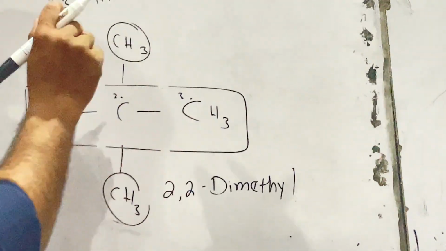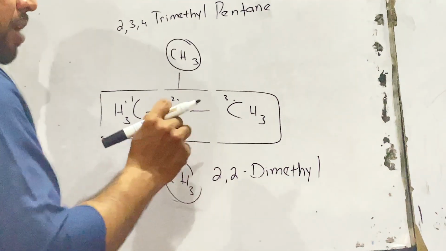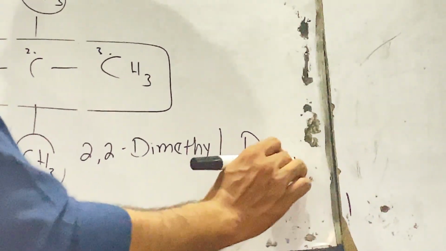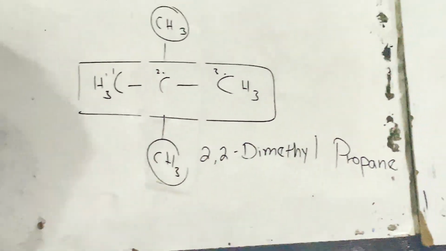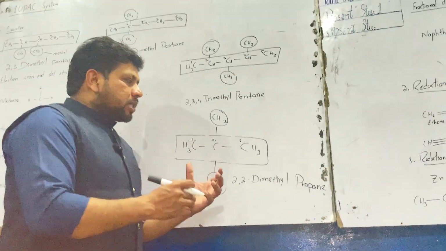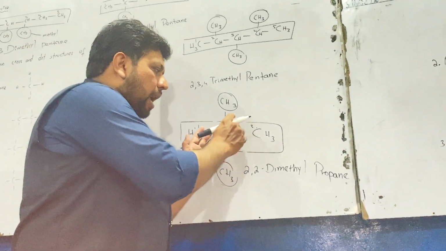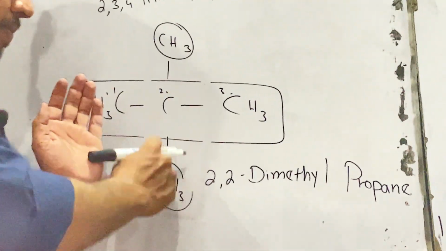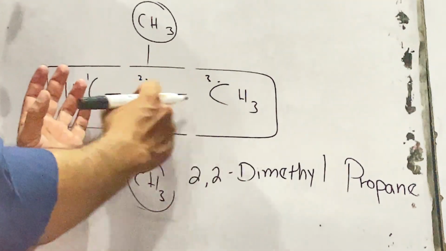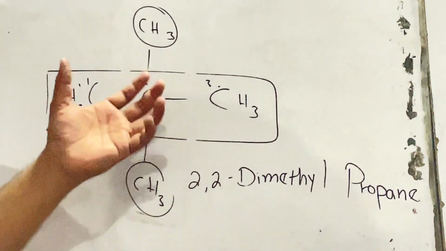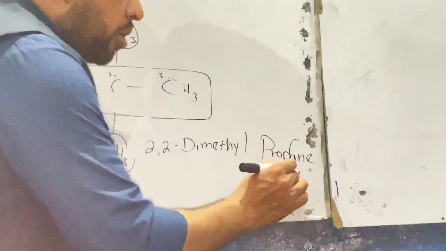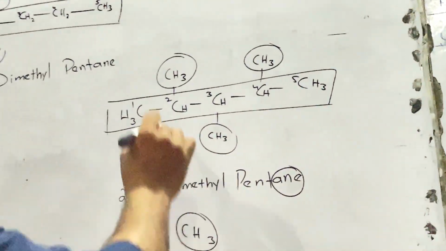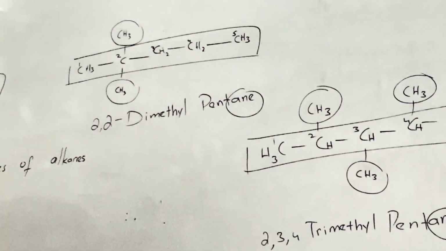The molecule which comprises 3 carbon atoms is known as propane, because the parent molecule is propane. Why do we call it propane? Because there exists a single bond between the carbon atoms, so it belongs to alkanes.